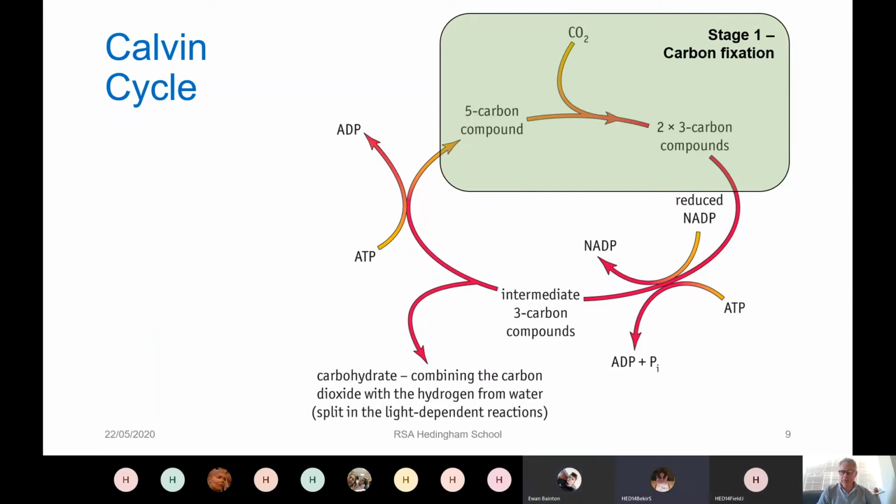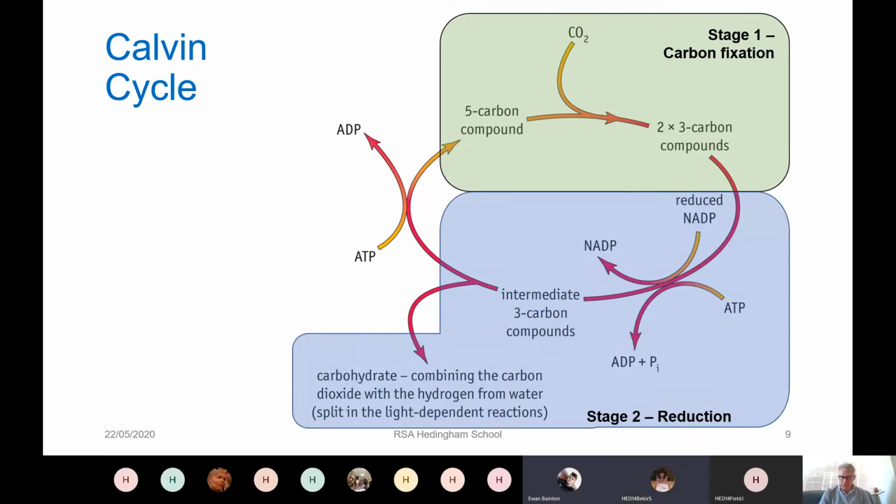The next bit is reduction, and that's the bit where the products from the light dependent reaction come in. That's where reduced NADP and ATP are needed to add phosphate and to add energy, and that produces GALP.